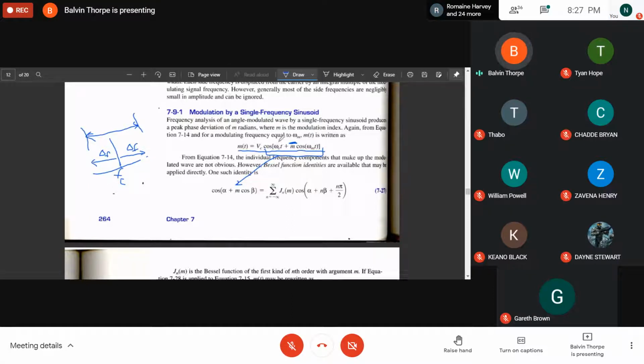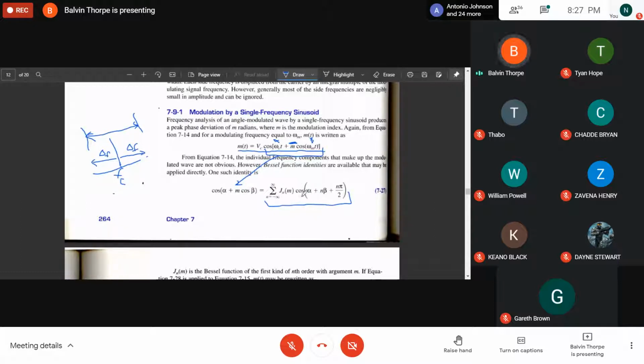What it is called, this alpha. And of course, this is M cos beta. That's all I'm doing. What's in brackets here, which is your frequency modulation, right, is represented by this. Now, this mathematically can be represented by a Bessel function, which is this. That's a Bessel function identity.